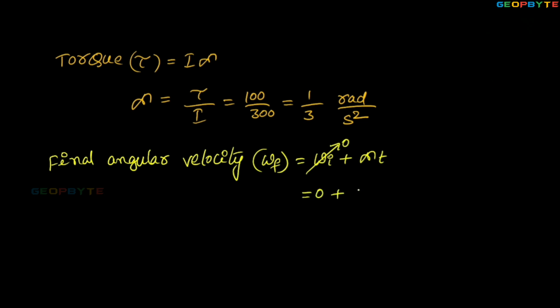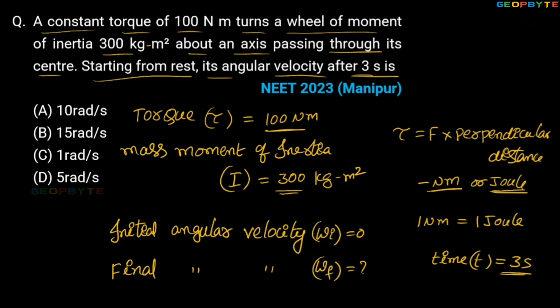So 0 plus alpha, we got 1 by 3, time equal to 3. Finally, 3 3 cancelling, it is equal to 1 radians per second. That is the final angular velocity after time t equal to 3 seconds. Look at the options. Option C is absolutely correct. Understood clearly? Yes.